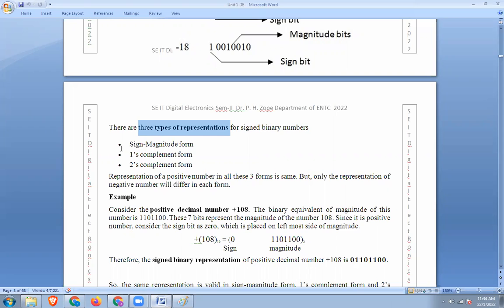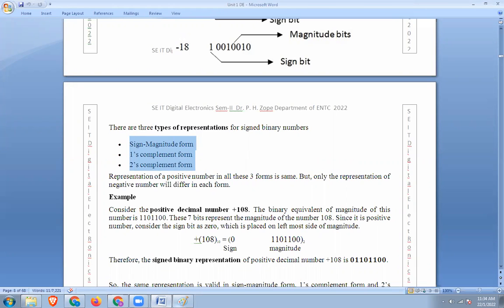Okay, so that's why there are total three forms popularly adopted. First one is sign magnitude form, second one is ones complement form, and third one is two's complement form. Okay, now here we will understand the ones complement and two's complement form.